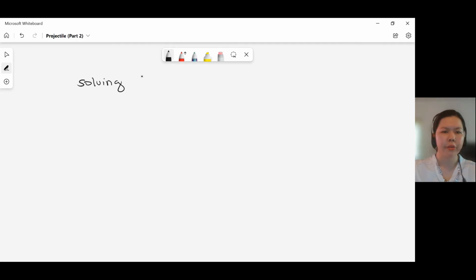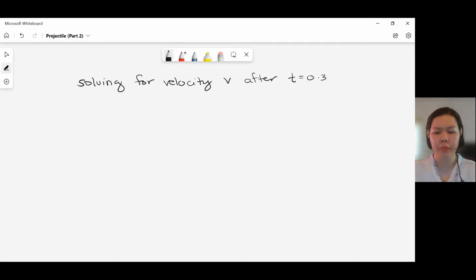So from what we've derived, v is the square root of vfx squared plus vfy squared.